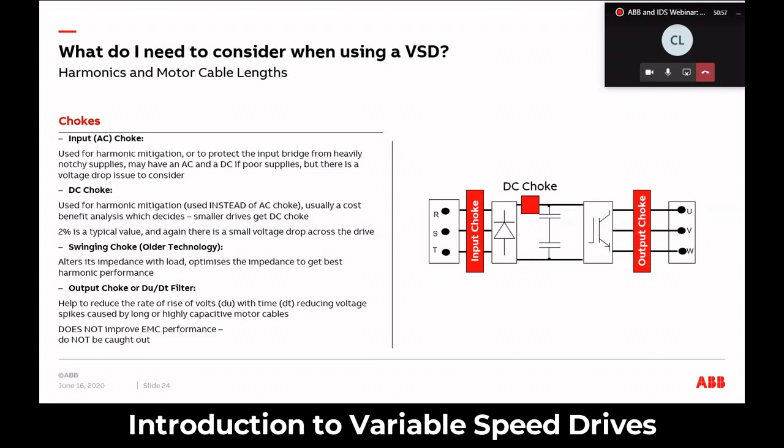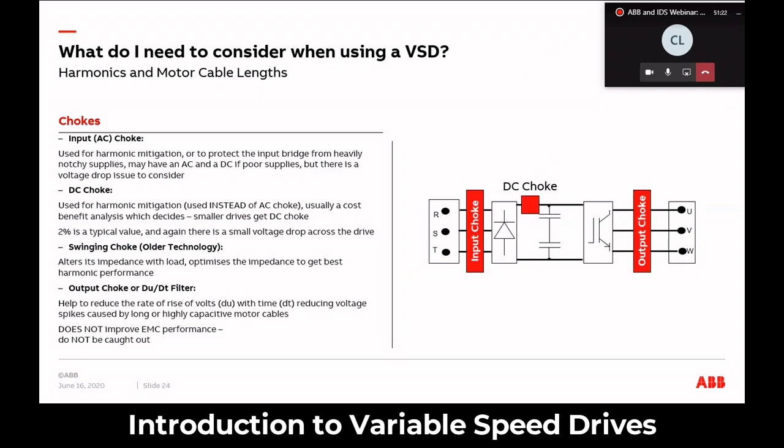So things like generator supplies, a very weak supply, or an unstable supply, can be protected against at the input side at least. But as a result of these, typically there is a voltage drop issue that we need to consider, that normally is not very high. It's normally at a maximum in the range of about 2%.